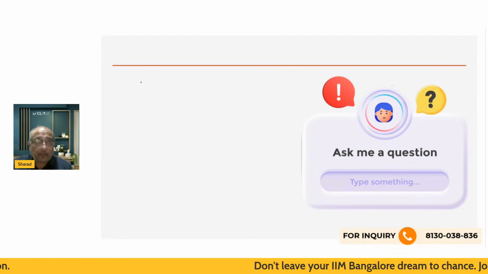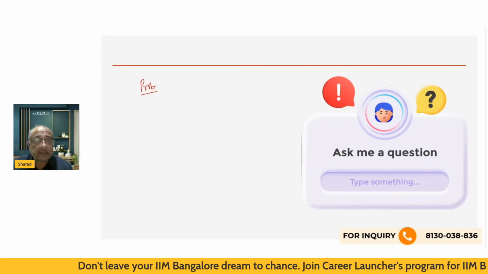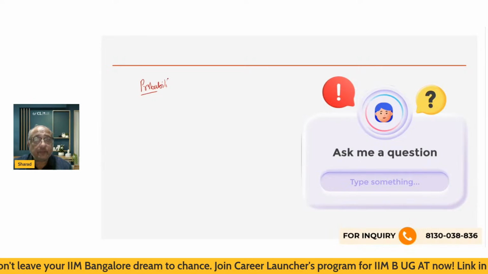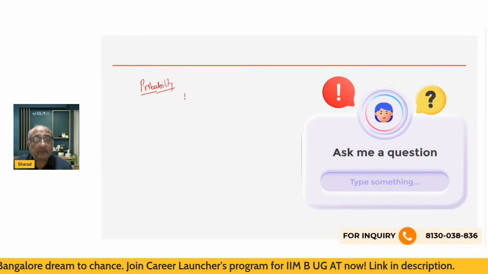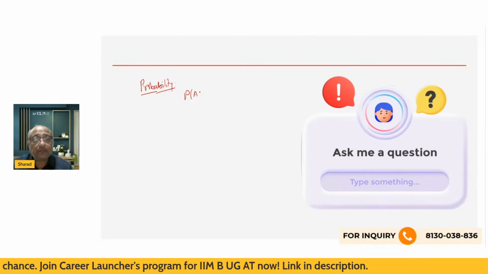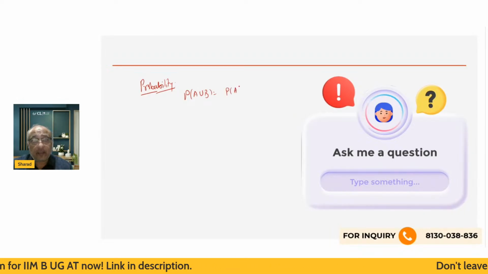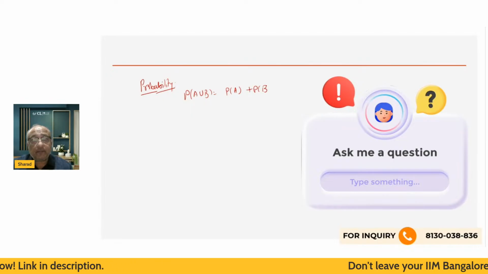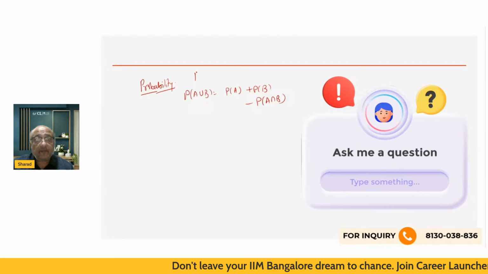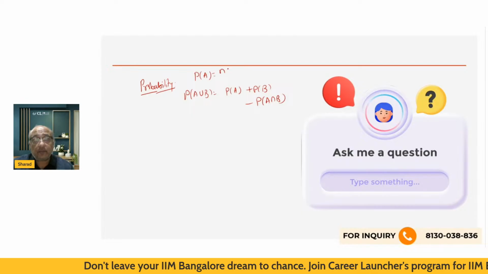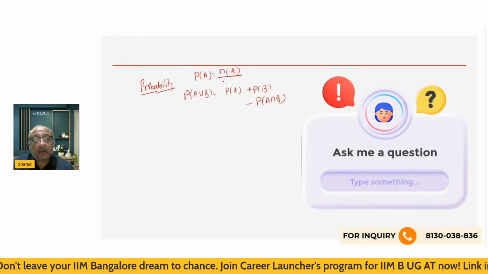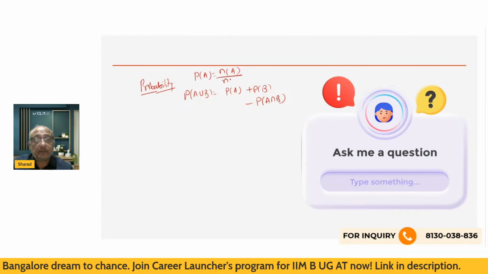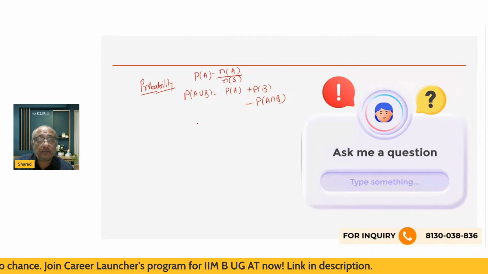We have done probability. Let me write a few formulas which I have used in the class before saying bye. Probability of A union B is equal to probability of A plus probability of B minus probability of A intersection B. Probability of A is equal to the number of outcomes favorable to event A divided by the total number of outcomes.